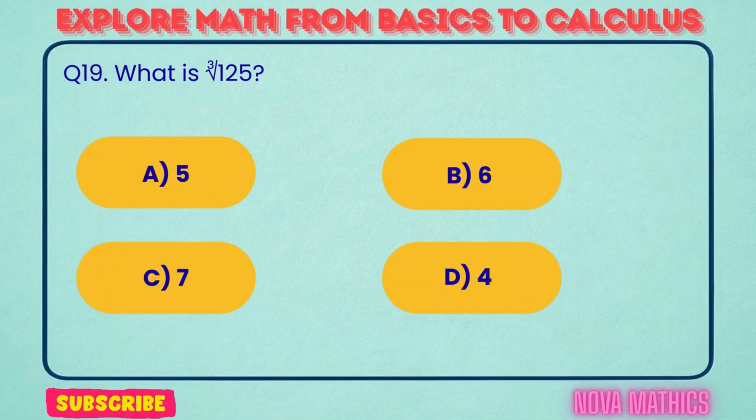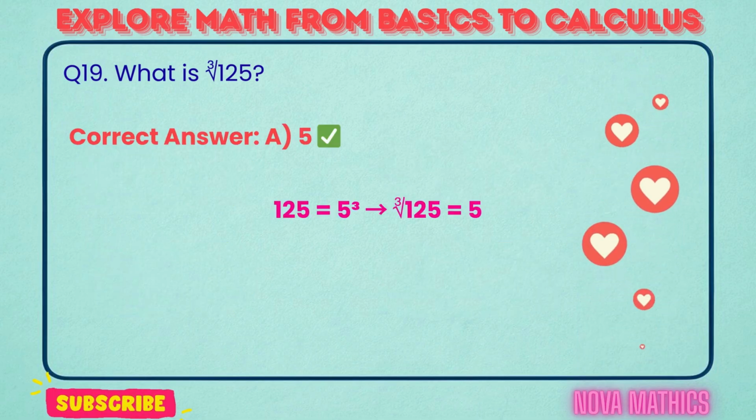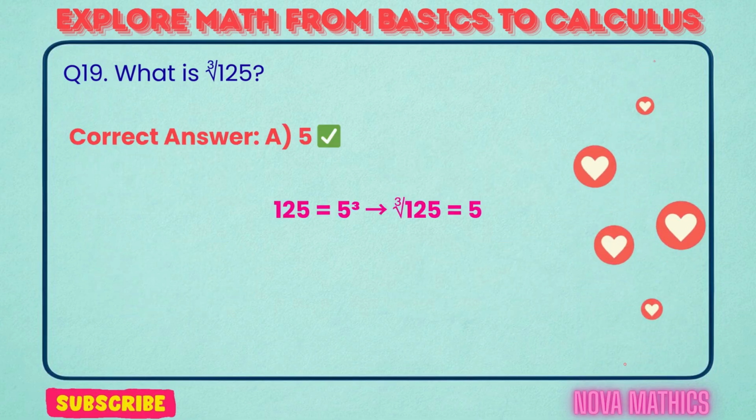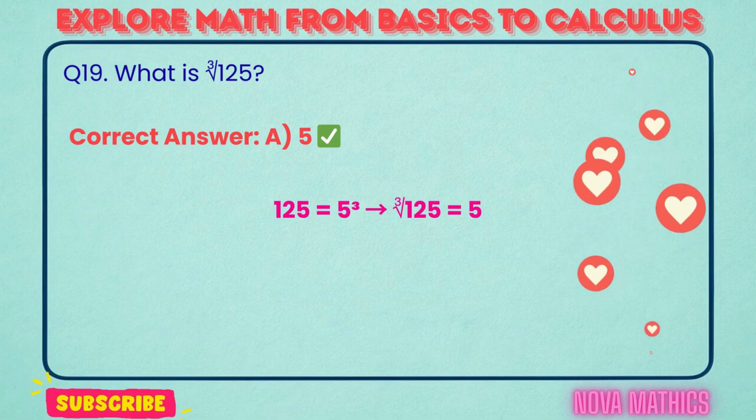What is the cube root of 125? Correct answer is 5. 5 cubed is 125, so the cube root is 5.